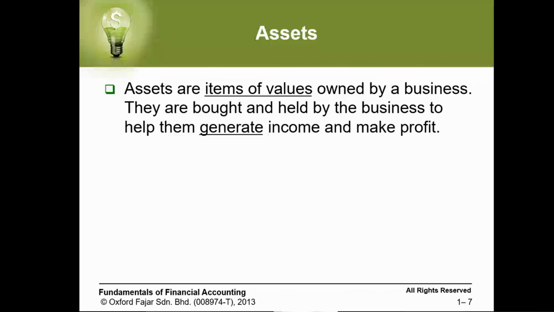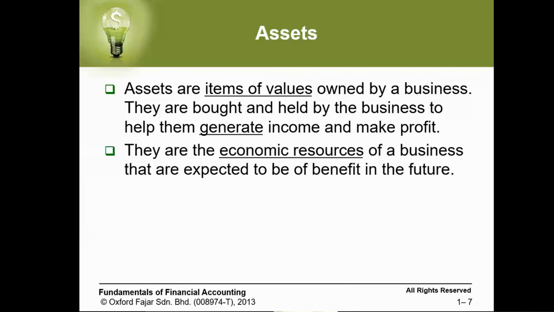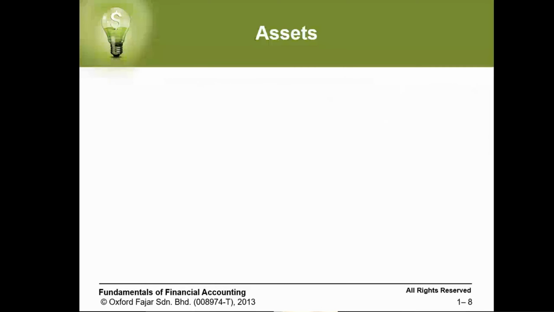Assets. What are the assets? Items of value owned by a business. They are bought and held by the business to help them generate income and make profit. They are the economic resources of a business that are expected to benefit in the future. Which means assets are what the company owns. They are going to use them to benefit in the future.